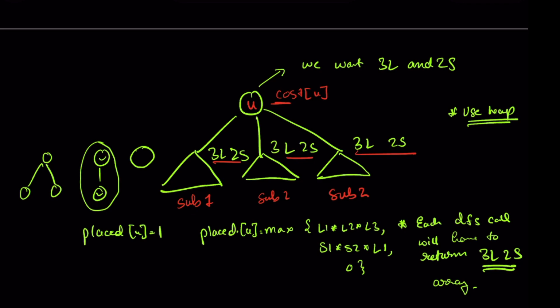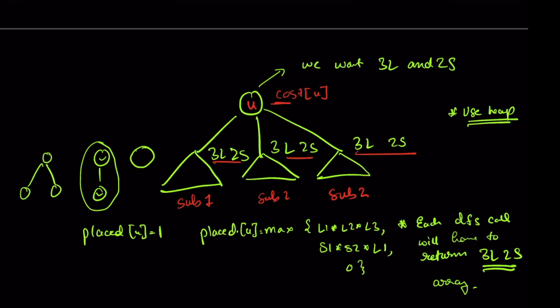And we will also have to check for a value of 3: for a subtree having nodes greater than or equal to 3, we have to take the maximum product of the three largest nodes.